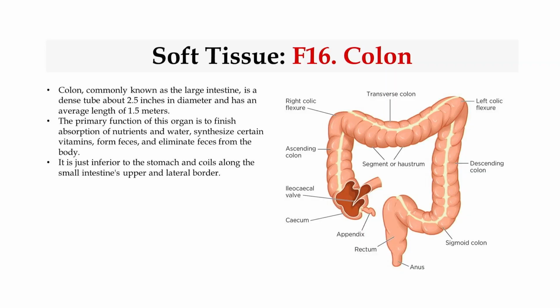It also synthesizes certain vitamins, forms feces, which is the final stool we excrete, and eliminates feces from the body. It is just inferior to the stomach and coils along the small intestine's upper and lateral border.